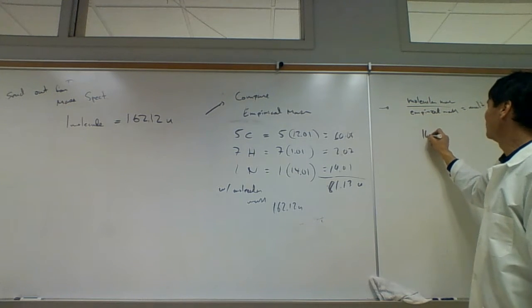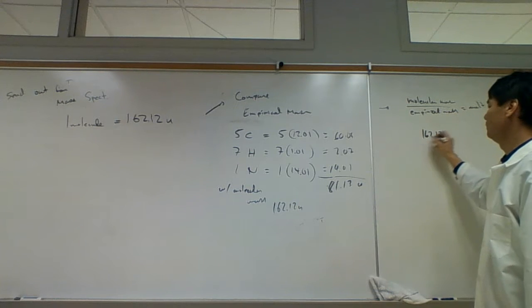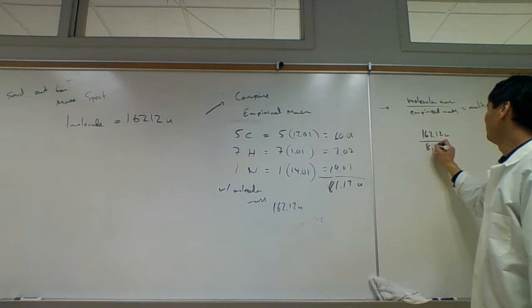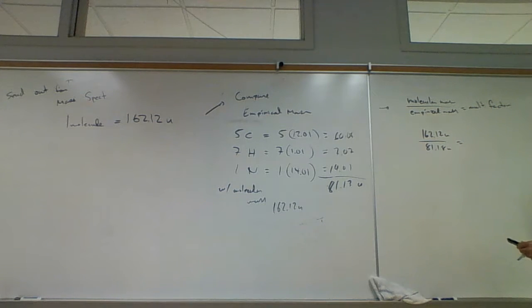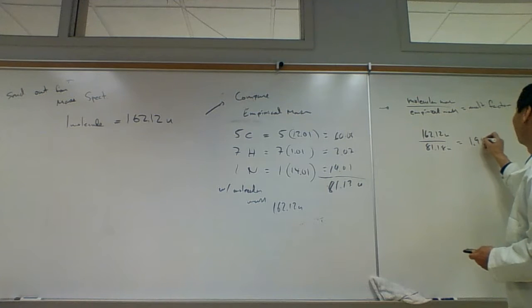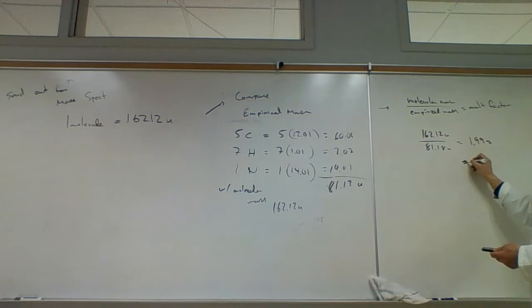A molecule of this weighs 162.12 U, and the empirical mass is 81.13 U, and so that comes out to 162.12 divided by 81.13, which is 1.997, which is just going to give us 2. In other words, the molecule is 2 times bigger than the empirical unit.